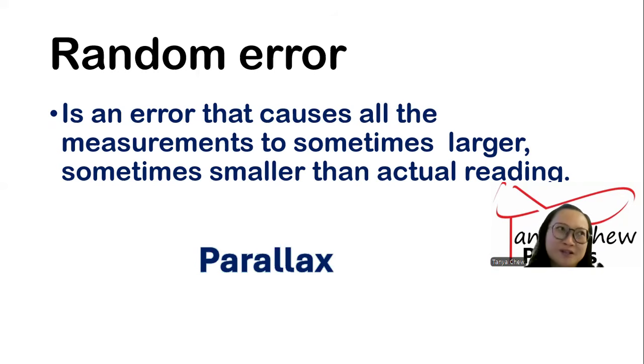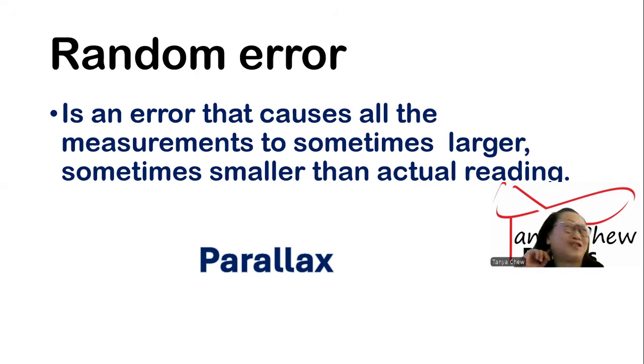But sometimes in the lab, I have my friends. So we're talking, chit-chatting. Oh, yeah. Oh, yes. Okay. So sometimes my head is tilting a bit to the left and I take my reading. Then my eye position is not directly perpendicular to the scale on the meter rule.